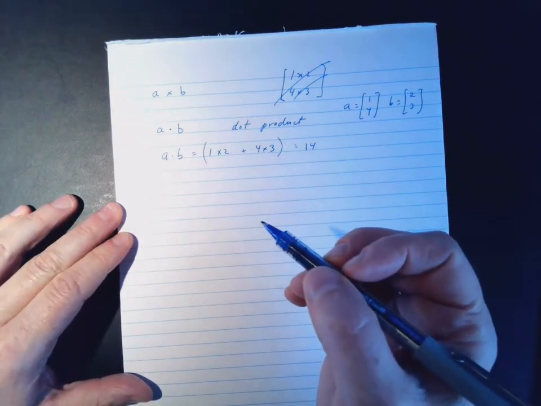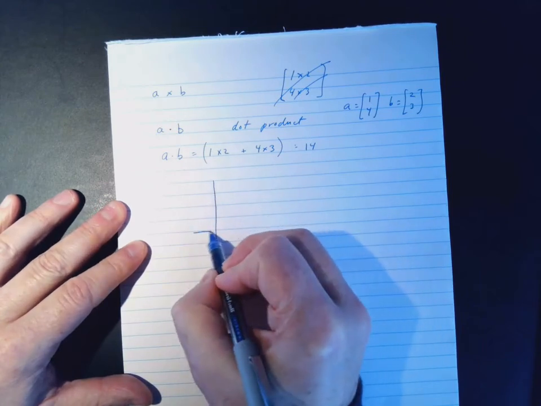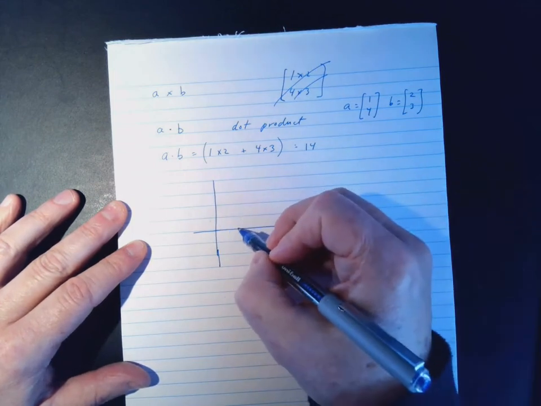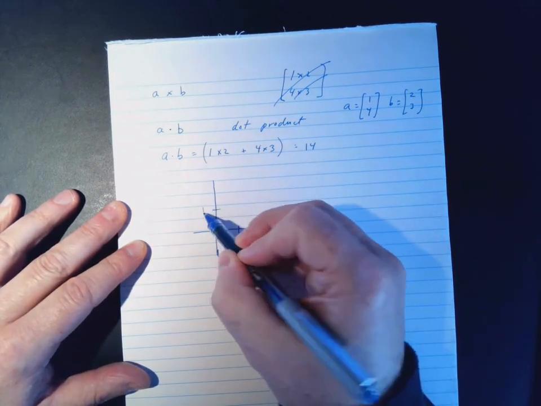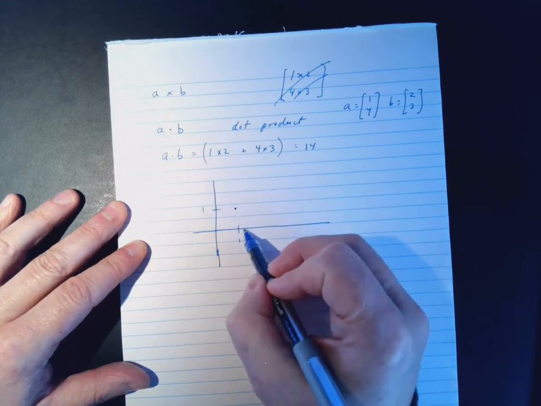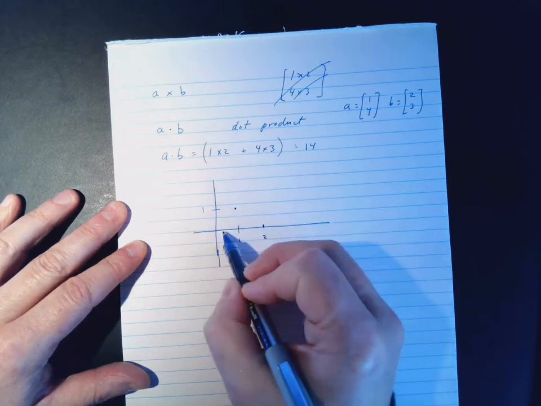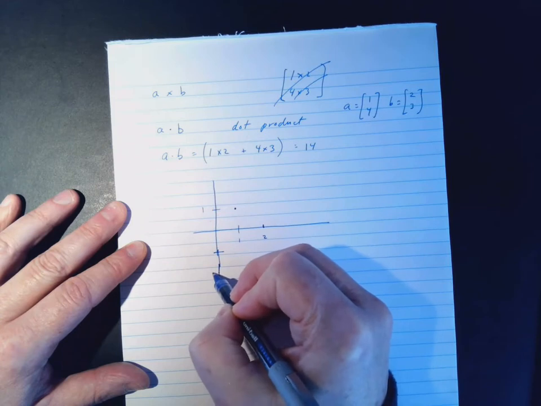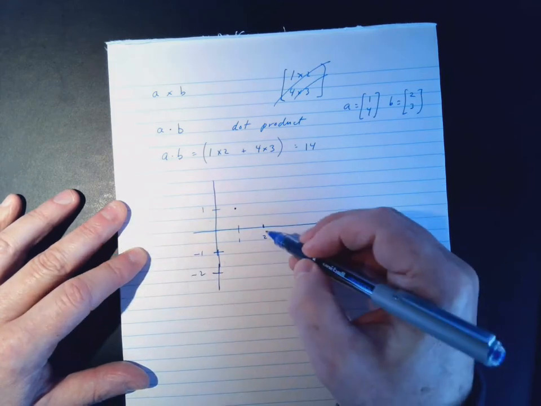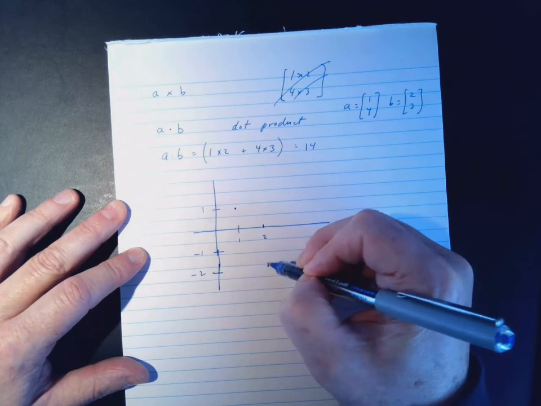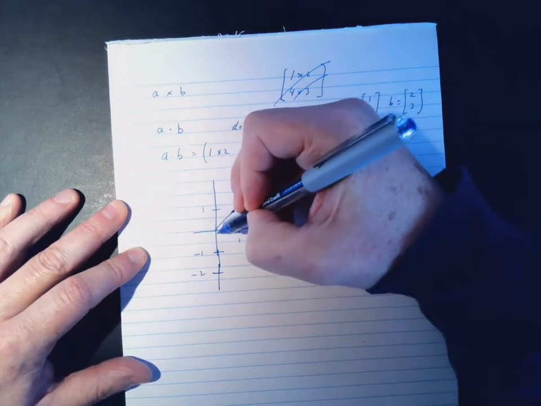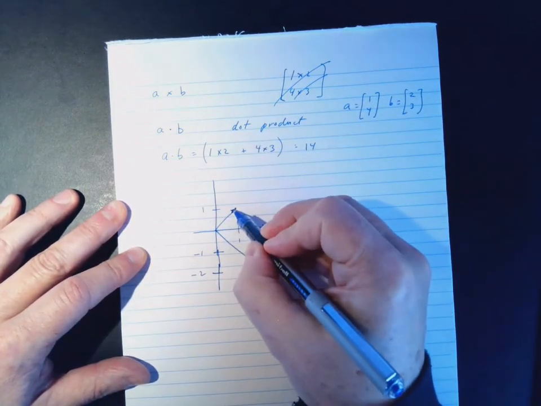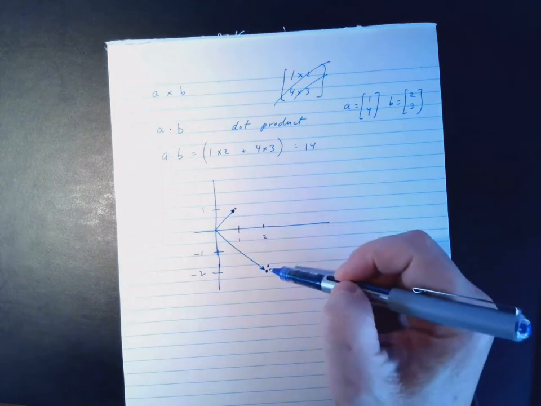Now let's take the dot product of two orthogonal vectors, just so you can see what happens here. So let's use as our example, we have 1, 1, and then we'll have another vector that's 2 in the horizontal direction and minus 2 in the vertical direction. So it's down here. So you can see these are orthogonal to each other, okay?